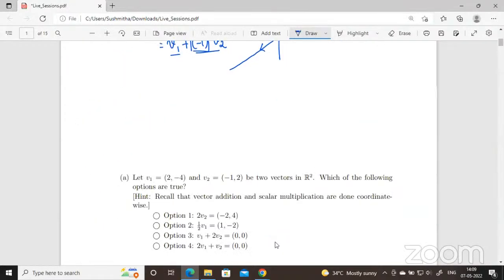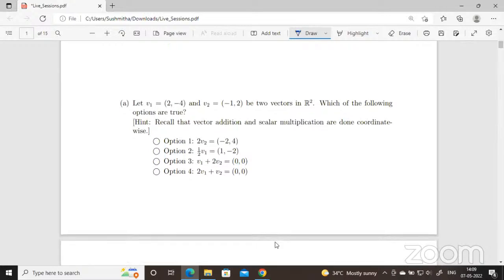Shall we quickly do this problem? We have two vectors. v1 is (2, -4) and v2 is (-1, 2). These are elements in R2, because they have two components. How do we add these two vectors?